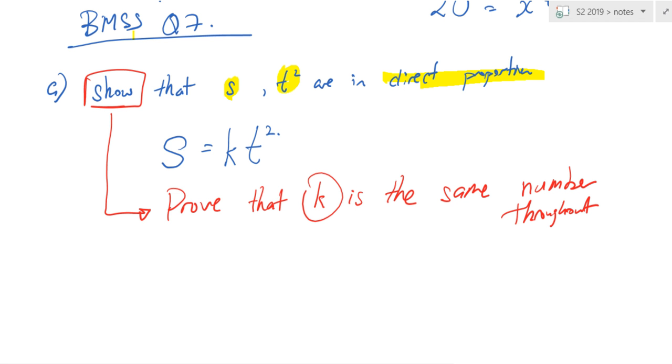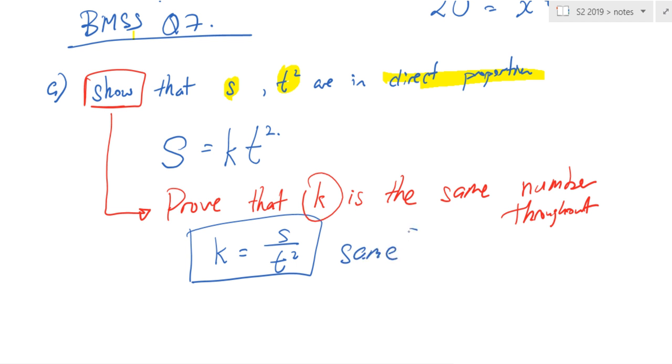So now in your blue color pen or pencil, write down K equals to S over T squared, but I will write a question mark. Johan, you understand? I'm trying to test whether K is the same throughout the different sets of values of S and T.